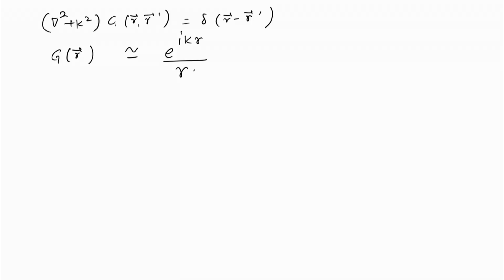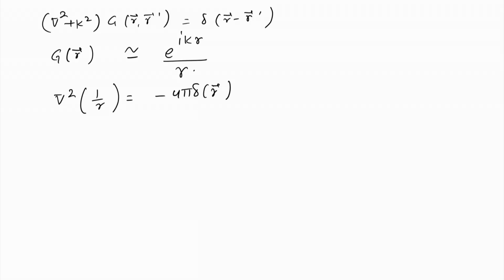And remember this relation that you might have learnt in your electrodynamics course, that Laplacian of 1 over r is 0 unless it encloses the origin, in which case it blows up. So, it is minus 4 pi delta of r.